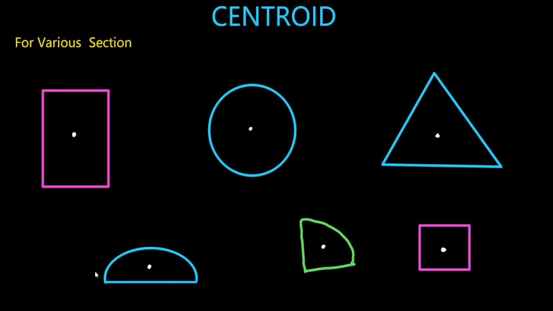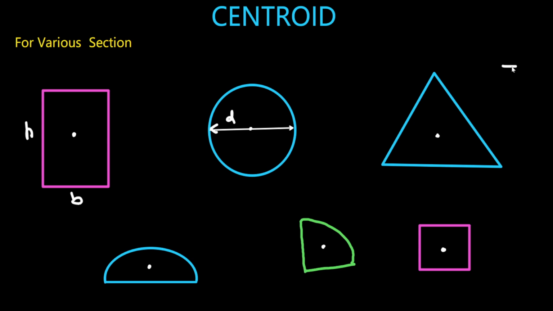This is the half of the circle. This is the quarter of the circle. This is a square. So I'm taking the length called b, then height h. Here is the diameter of this circle. Suppose the diameter is d.